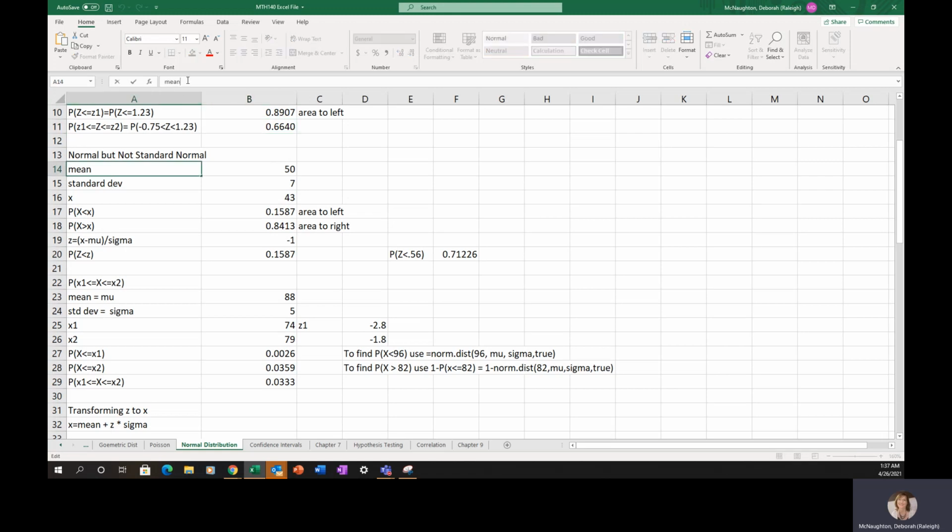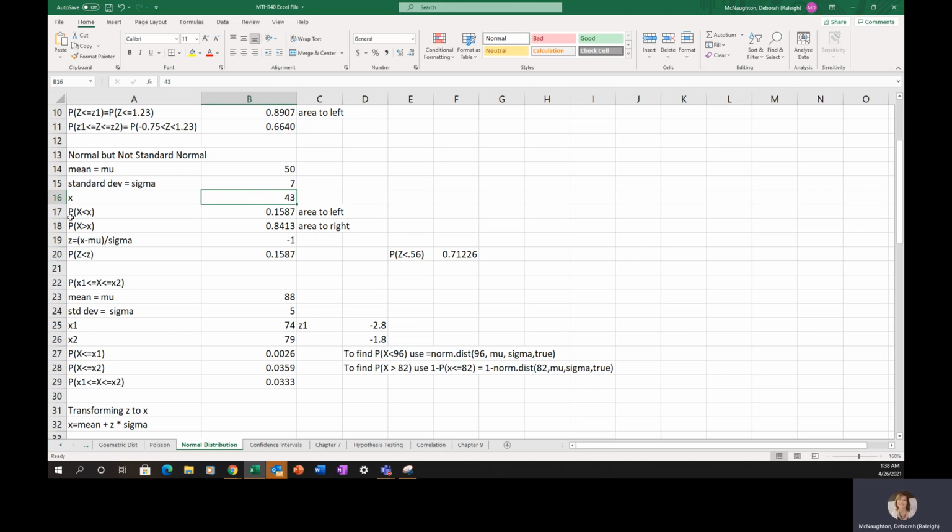So let me go ahead and write this down. This is the mean, which is mu, and the standard deviation, which is sigma. Okay, and then they'll again give us some x value.